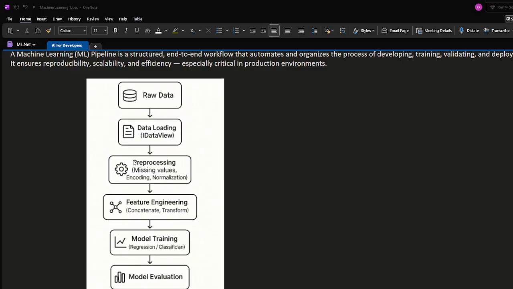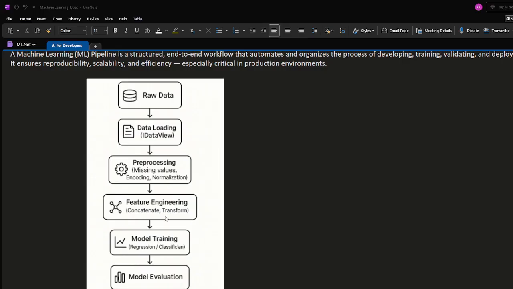So there is one step called pre-processing, where we clean up our data for missing values, remove duplicate values, encoding, normalization, and then we perform feature engineering, where we perform transformation. I will talk in the next session or maybe this session about what feature engineering is.